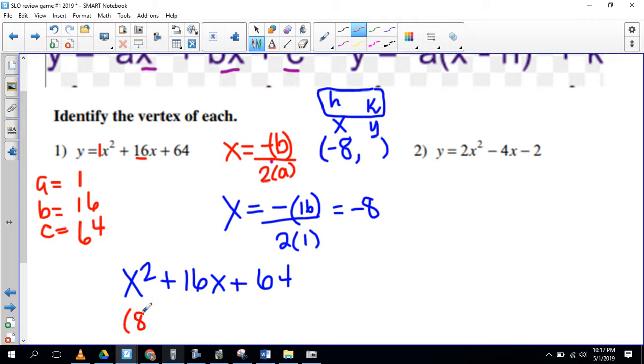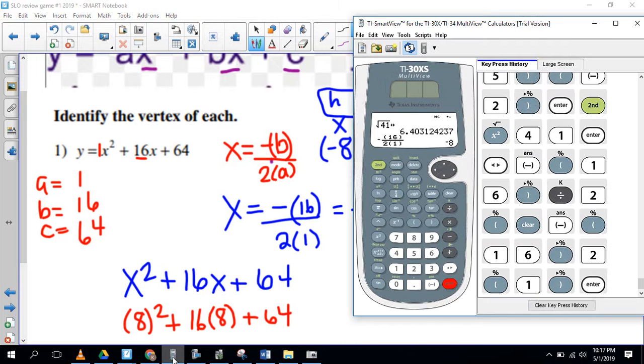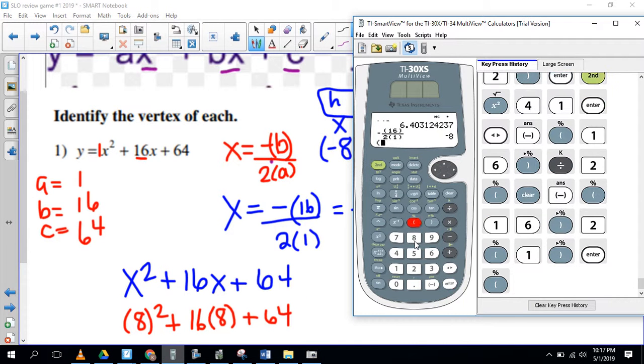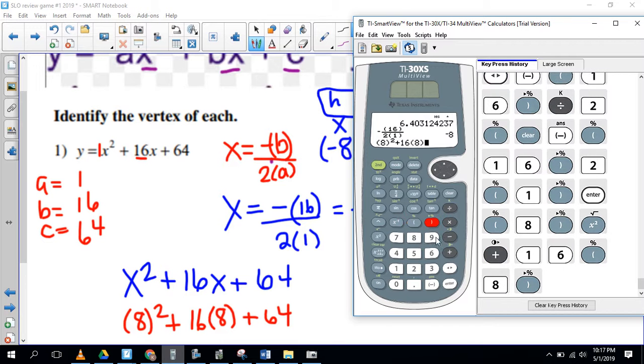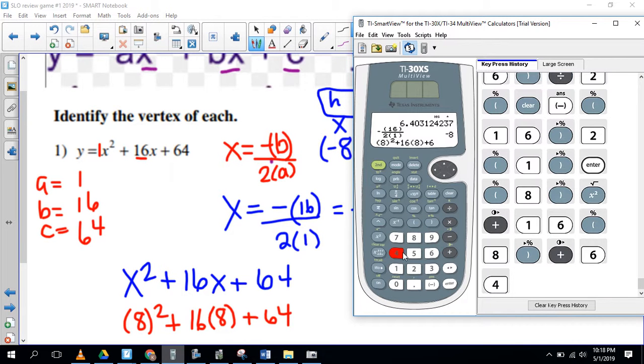So we're looking at 8 squared plus 16 parentheses 8 plus 64. And then we plug that into our calculator, parentheses 8 squared plus 16 parentheses 8 plus 64 equals 256.